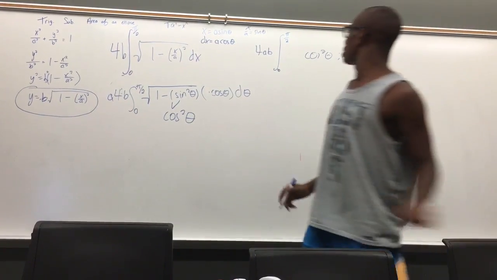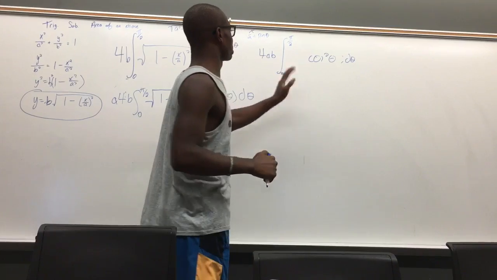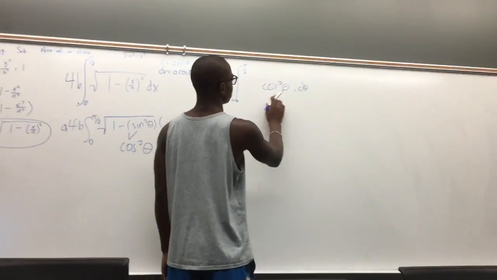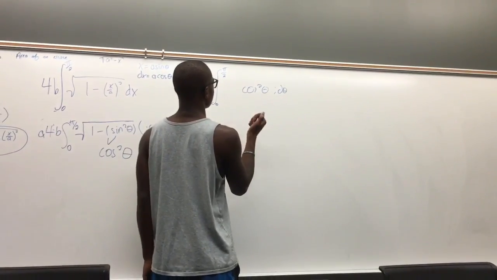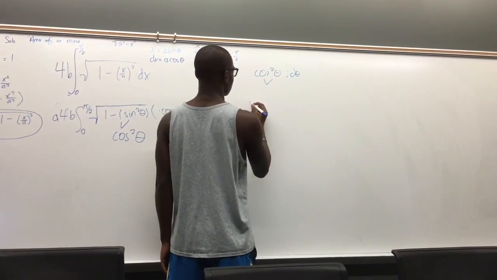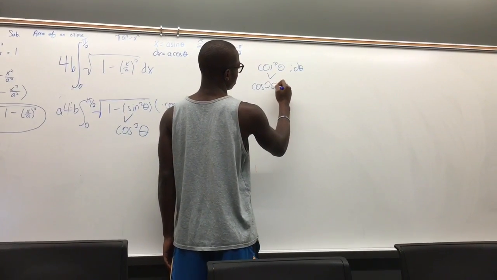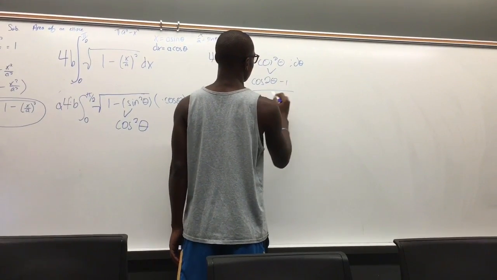And then what you're going to do is you're going to substitute this out for the identity, cosine 2 theta plus 1 over 2.